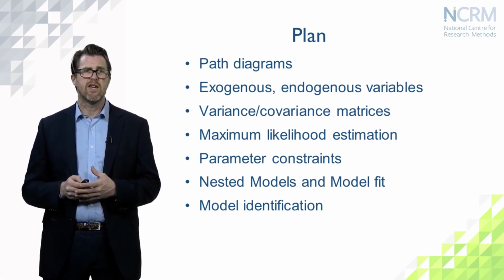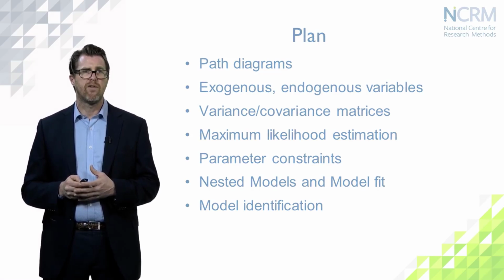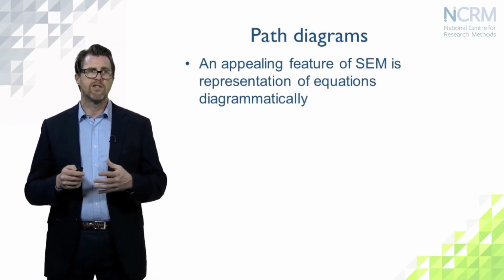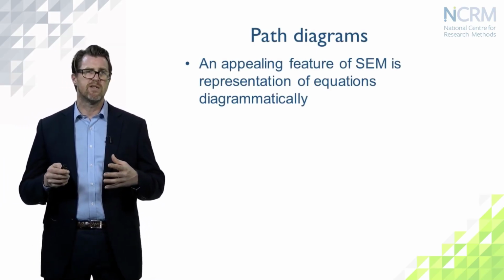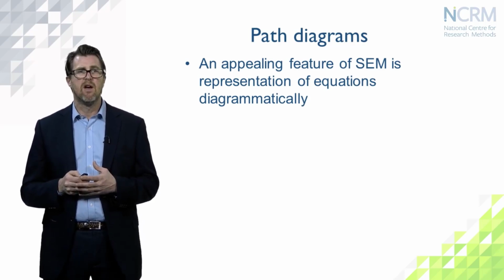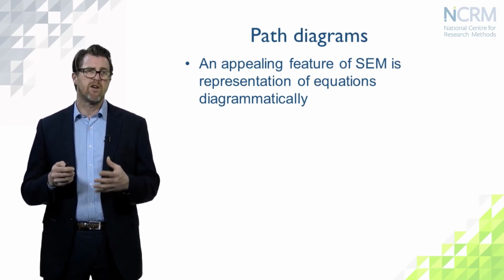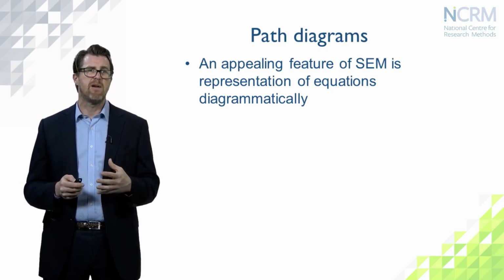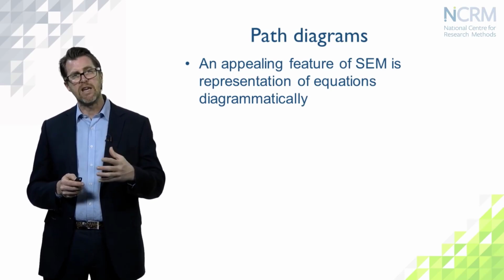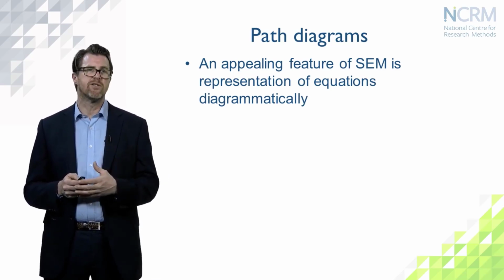So the first thing I'm going to talk about are path diagrams, and path diagrams are one of the reasons why structural equation modelling is very appealing to many social scientists in particular. This is because social scientists don't always have such a strong grounding in mathematics and are less comfortable with reading complex equations and so on.